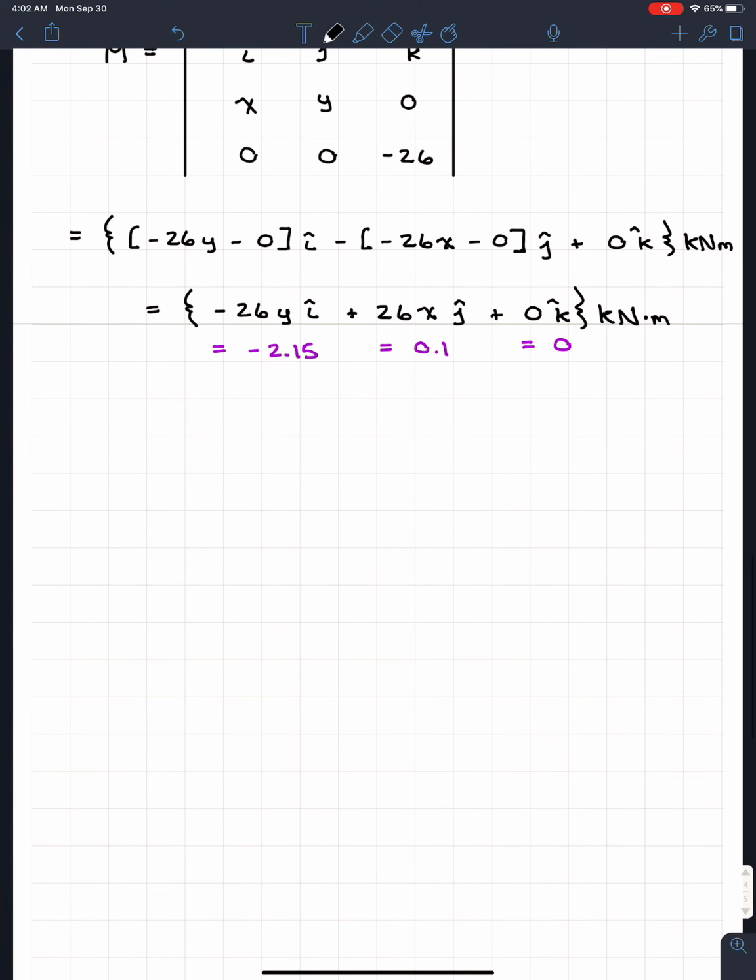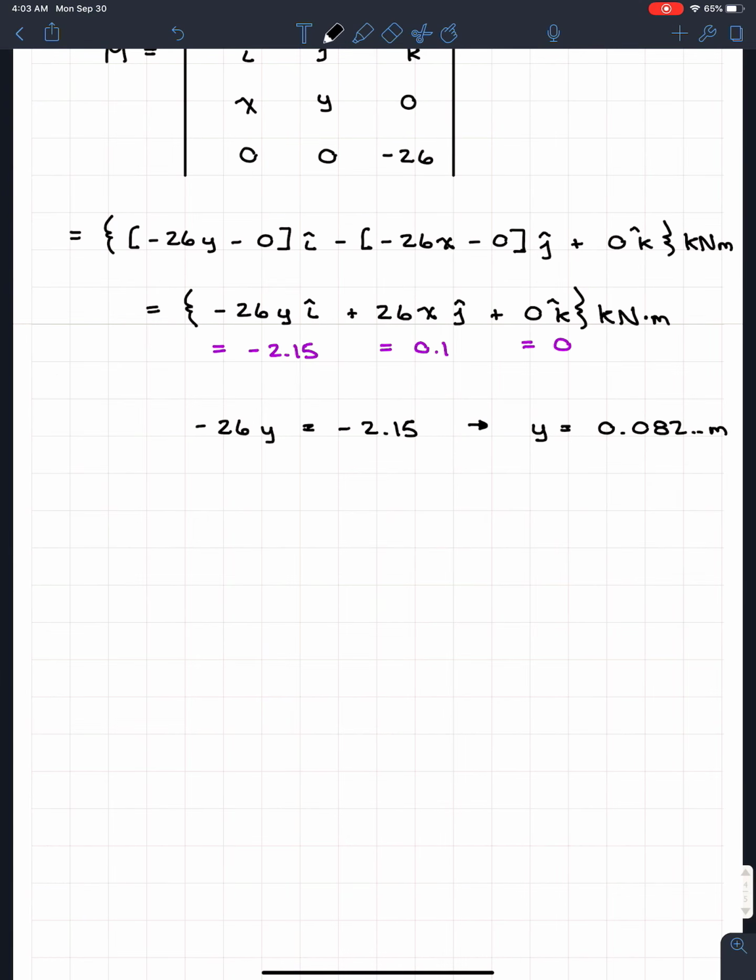So now we can start making our system of equations. Starting in i, I got negative 26y is equal to negative 2.15. Well, that's as simple as it's ever going to get in life. So y is going to be equal to 0.082 meters.